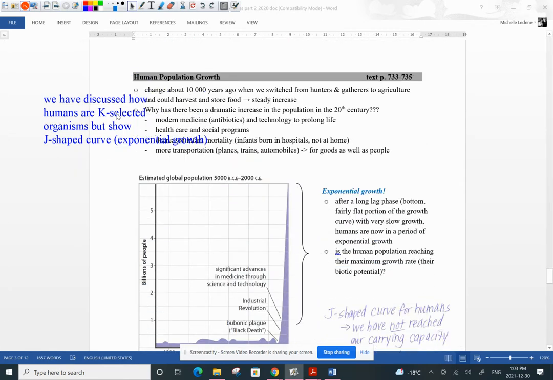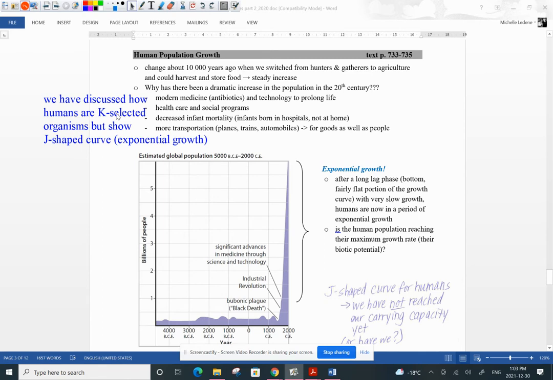Next page, we have already discussed human population growth, and we've said we are K selected organisms. In terms of our population graph, it should be an S shaped curve. But in actuality, you can see in this diagram that it is clearly exponential growth, right? This is very much a J shaped curve.